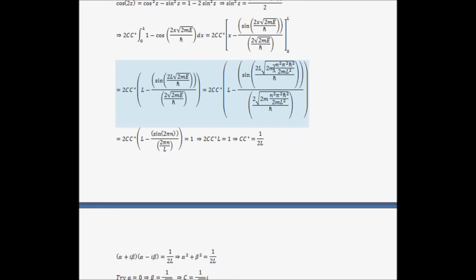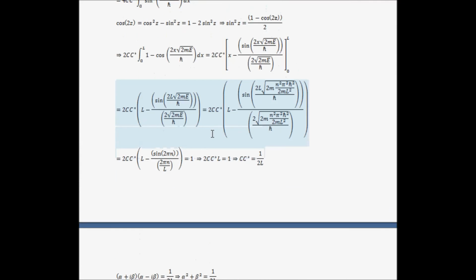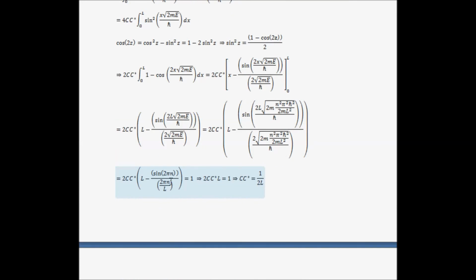We basically end up with just 2 pi n, those are the only things that don't cancel. And sine of 2 pi n, remember n is an integer, 2 pi n is always equal to 0, so this bit dies. So we end up with 2 C C star L equal to 1, and so C C star is equal to 1 over 2L.